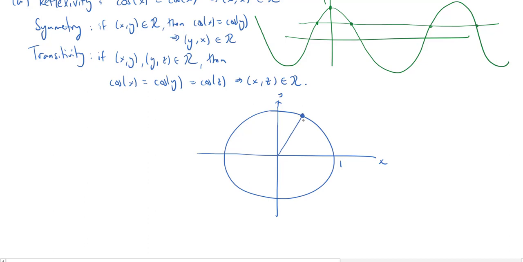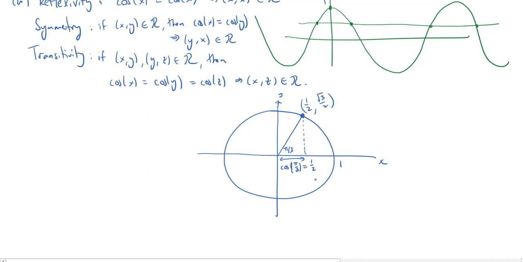What is the cosine of pi over 3? The cosine of pi over 3 is the x-coordinate of this point. This distance down here is the cosine of pi over 3, where this angle measure should be pi over 3. Cosine of pi over 3 is 1/2, because this coordinate is 1/2 comma root 3 over 2.